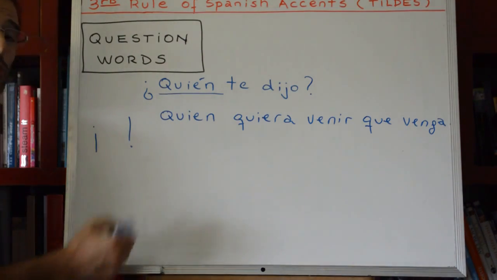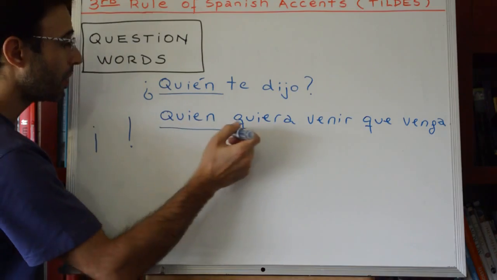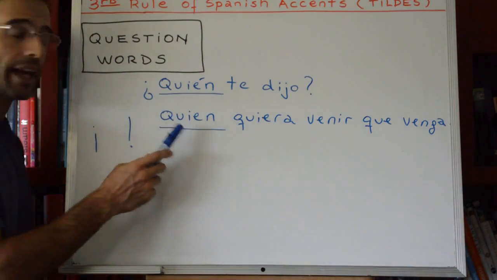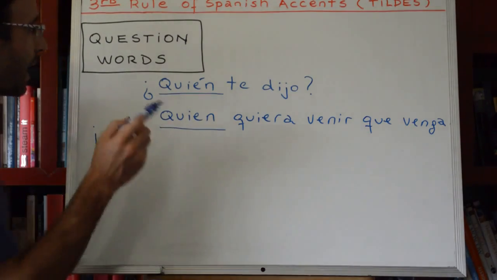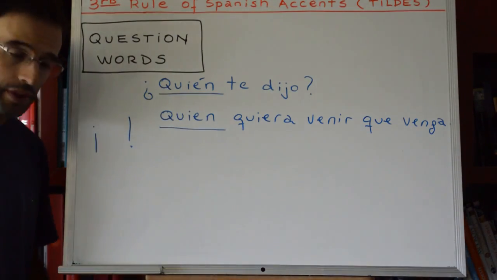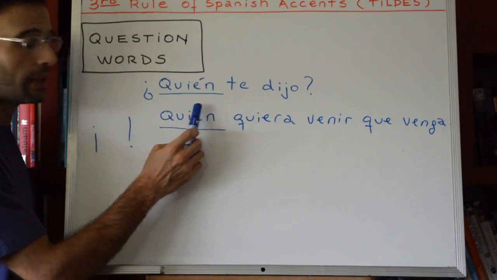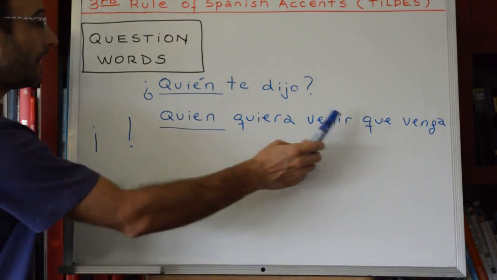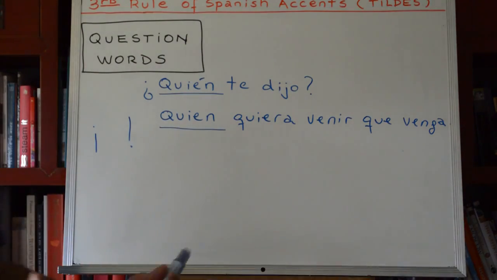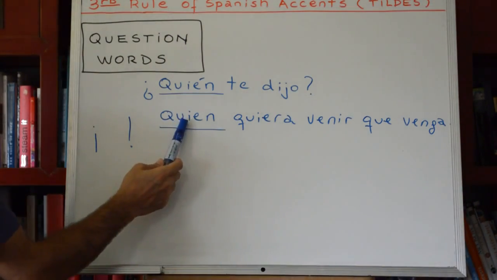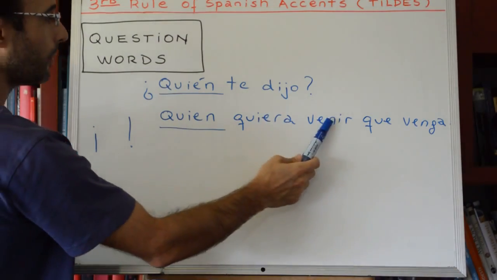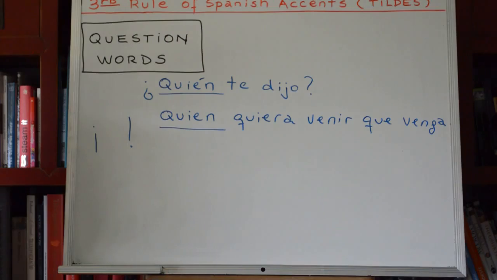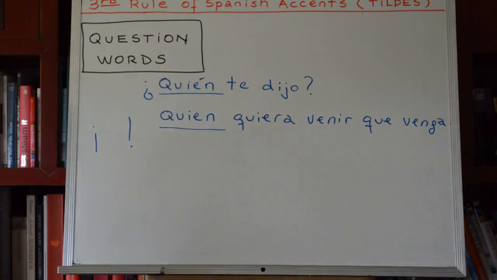Here we are using a question word that is not actually working like a question word. It's the same word as here, but here it doesn't carry a tilde because it's not involved in a question. Quien quiera venir, que venga. So, what does this mean? Whoever wants to come, come.